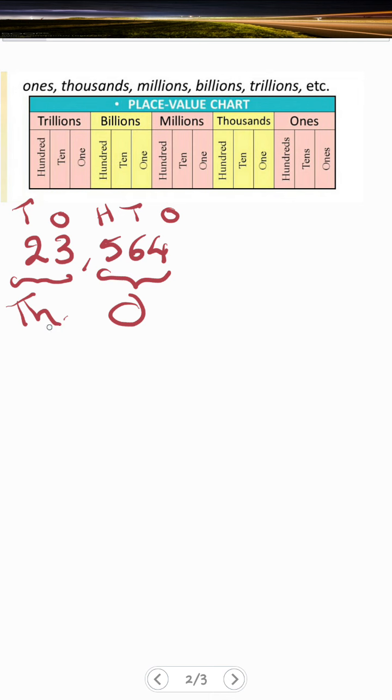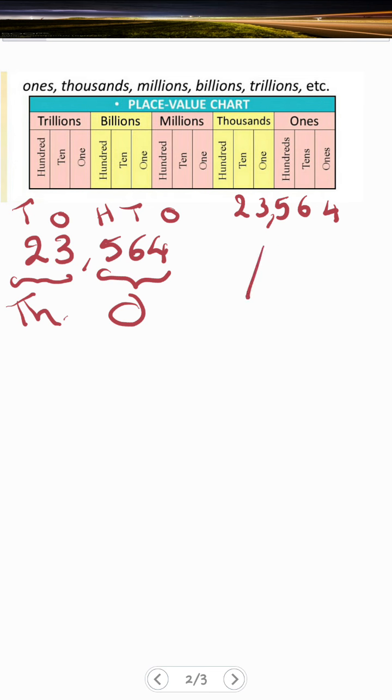So to read it or to write it, the 4 is the ones, and the 6 is the tens, and the 5 is the hundreds, 3 is the ones, and 2 is the 10,000. So it is 23,564.